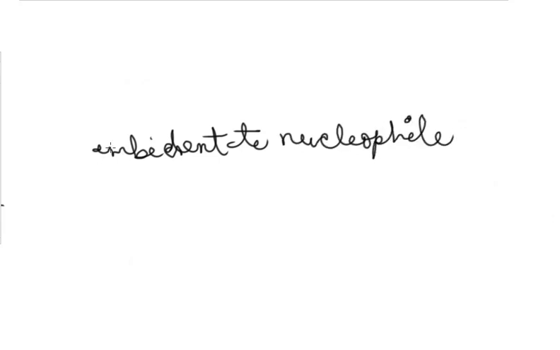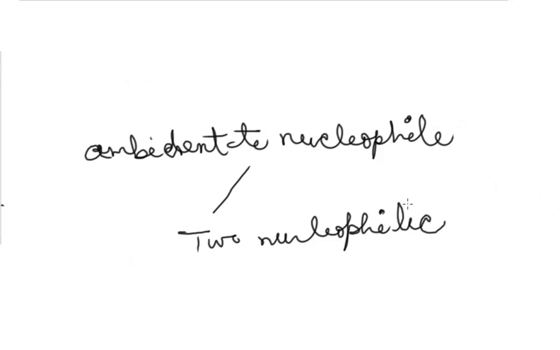Groups like cyanide and nitrite possess two nucleophilic centers, and they are known as ambidentate nucleophiles. It means the ambidentate nucleophile possesses two nucleophilic centers.